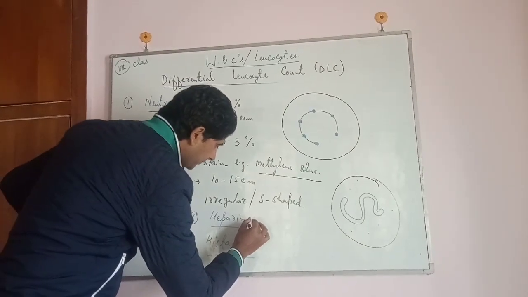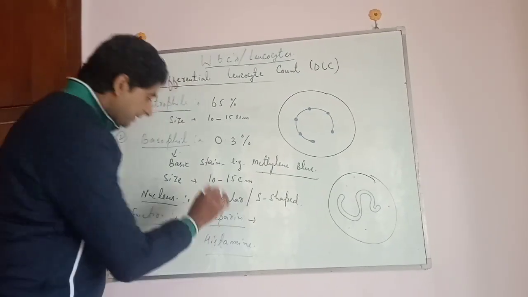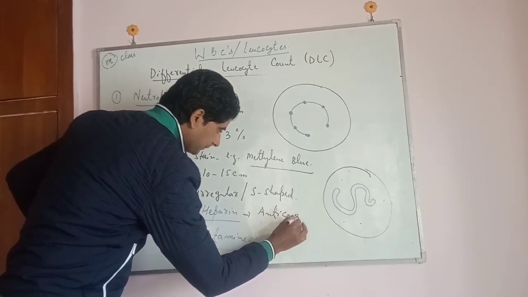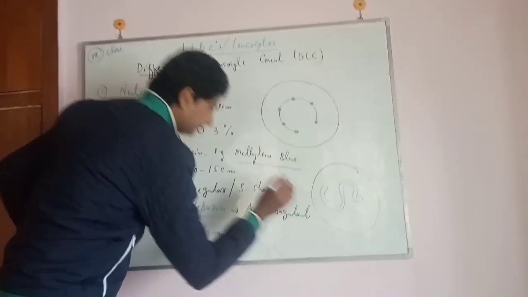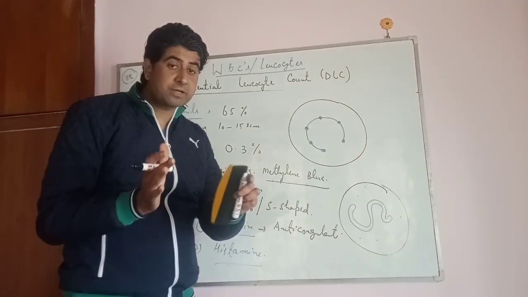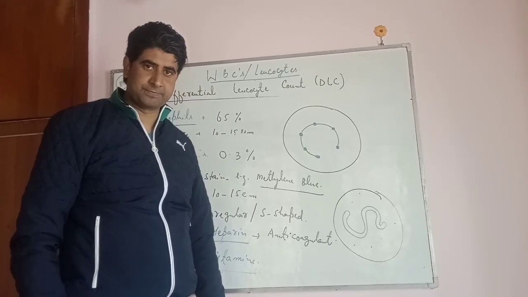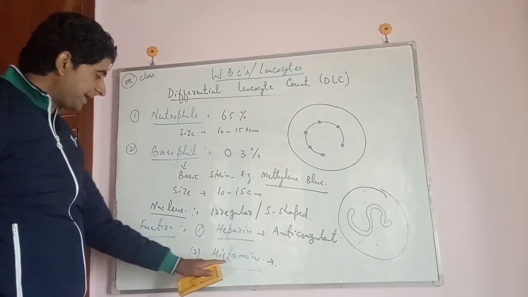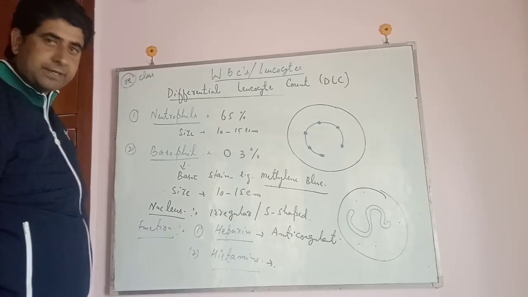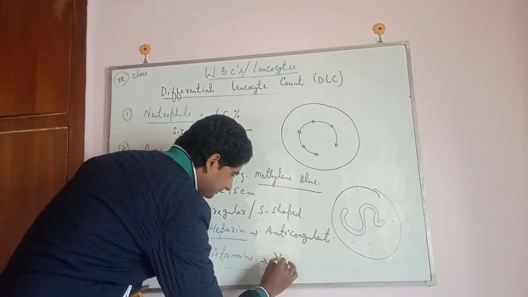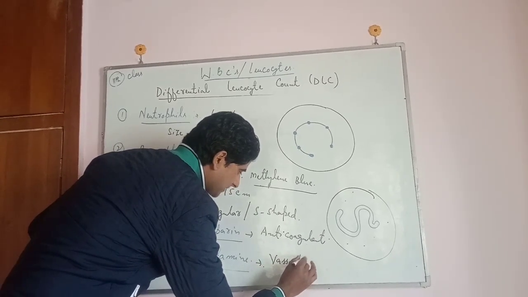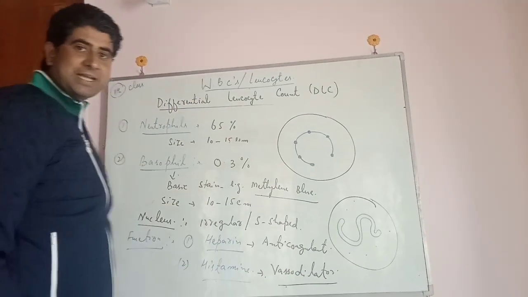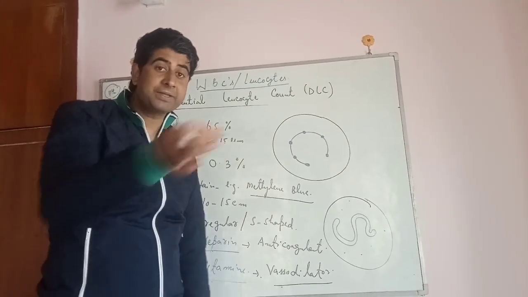Heparin, as you already know, is an anticoagulant. Anticoagulants prevent the coagulation within blood vessels. Whilst the next, histamine, is a vasodilator. Vasodilator means it causes vasodilation upon the infection.